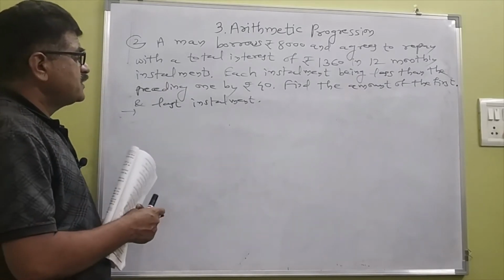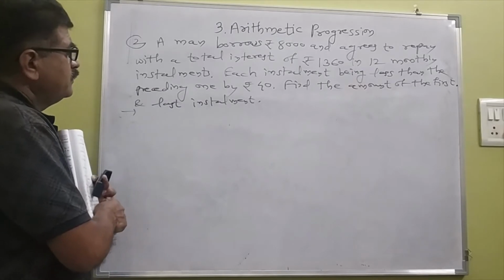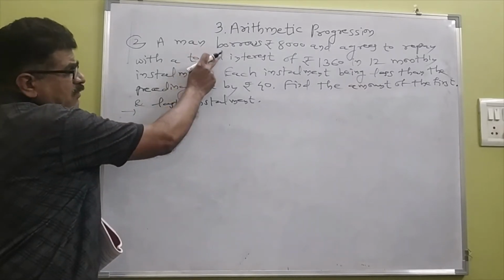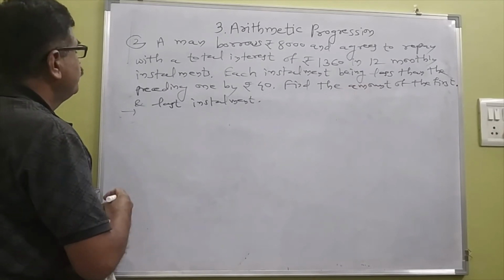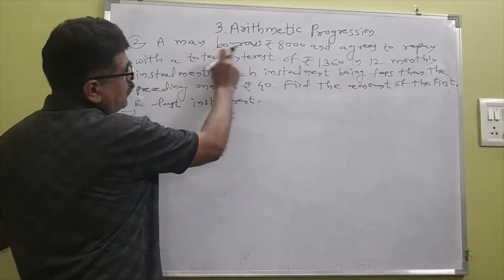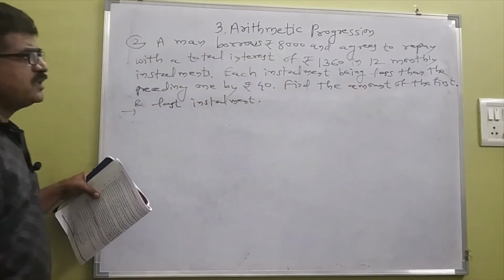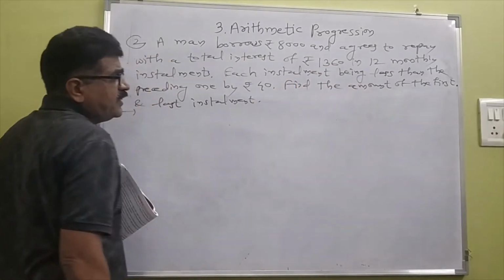Now first write down: the man has to repay the total amount. He borrows rupees 8,000 and interest is 1,360.